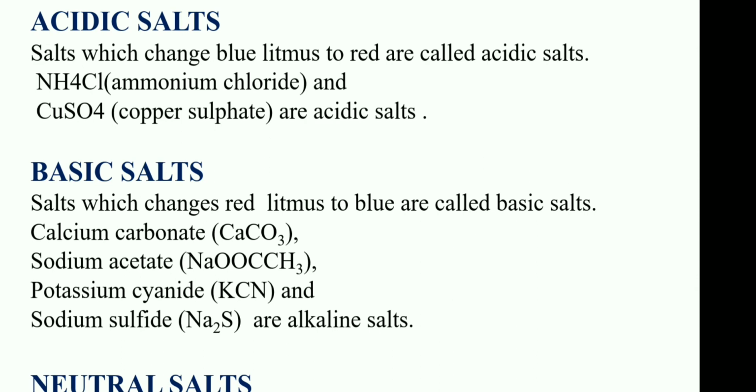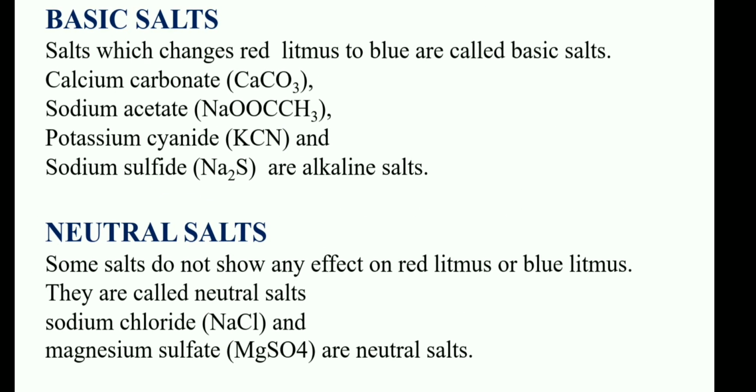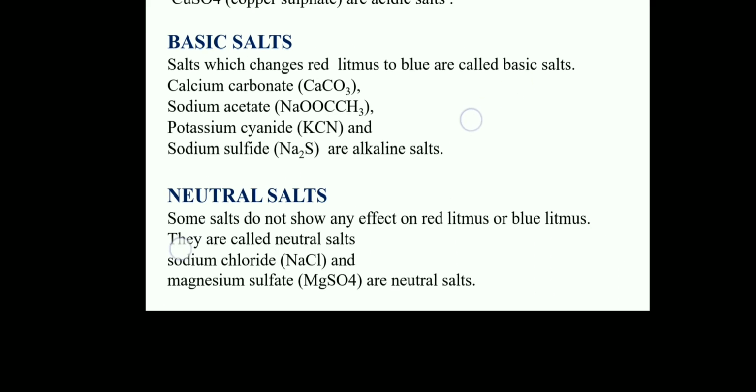These are all alkaline salts. Then some salts do not show any effect on red litmus or blue litmus. They are called neutral salts. For example, sodium chloride, which is common salt, is neutral. And magnesium sulfate is also an example of neutral salts.